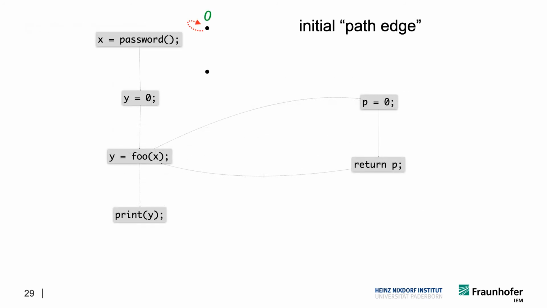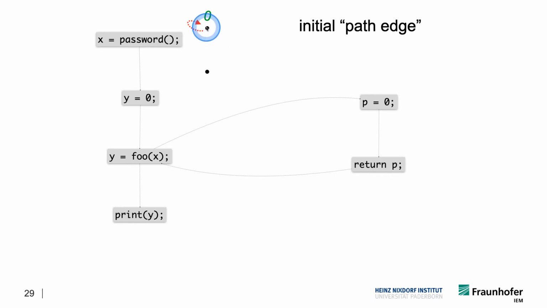So at the beginning again, we are starting at the initial statement. So let's say this is S0, and this is the exploded supergraph node representing the zero fact at this statement. And now in order to be able to compute these summary edges, we will again build longer and longer summaries. You already saw this when I was talking about the functional approach. So we will do basically the same we did there.